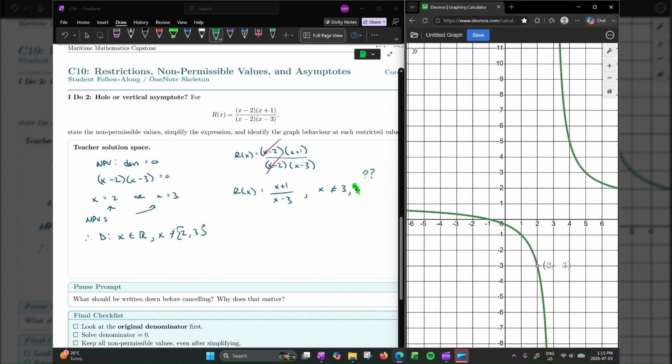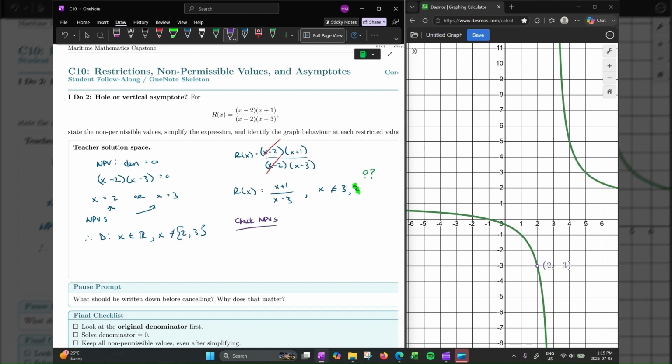Let's just check those non-permissible values. If I plugged in 3, I get 3 plus 1 is 4 over 3 minus 3 is 0.